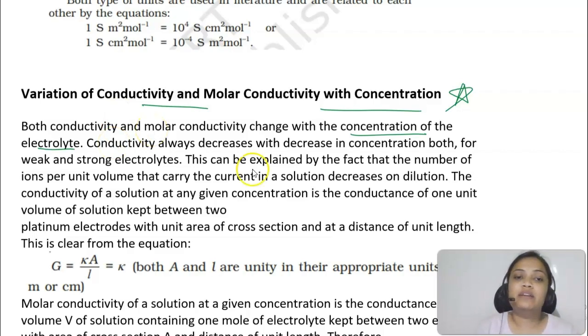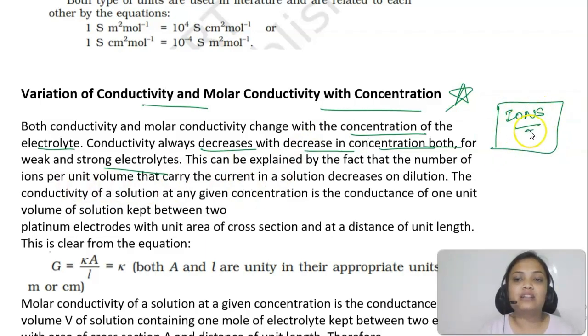So conductivity always decreases with decrease in concentration, both for weak and strong electrolytes. Keep that in mind. If the concentration of the electrolyte decreases, obviously there will be a lesser number of ions per unit volume, meaning how many ions are present in one unit volume is going to decrease, because the ions are the ones carrying the current.